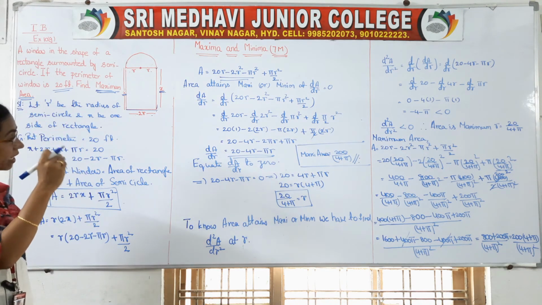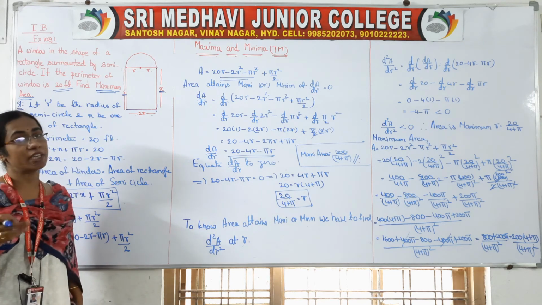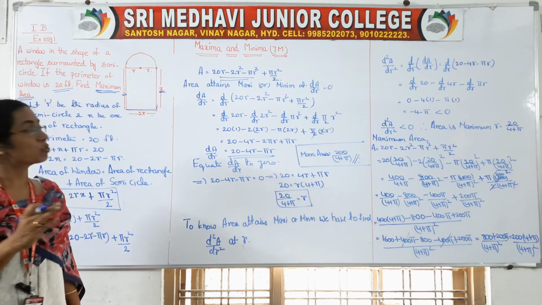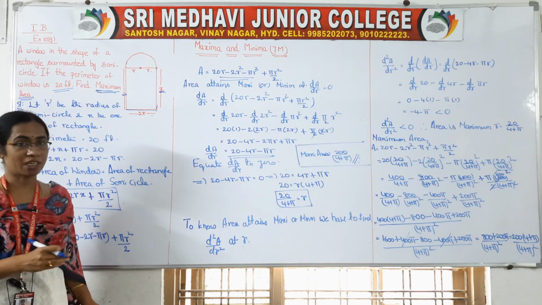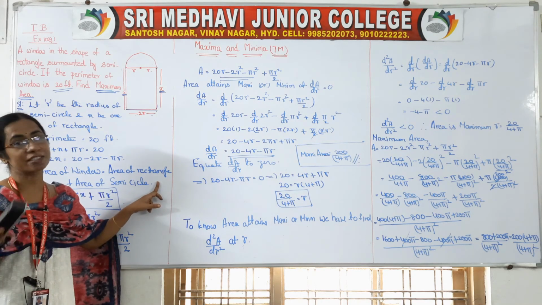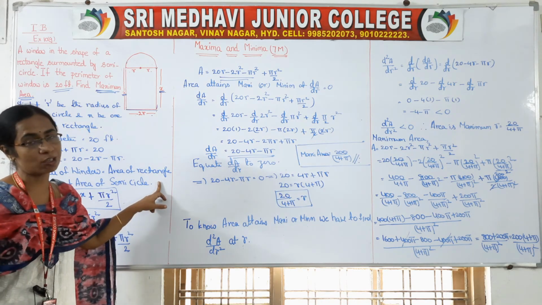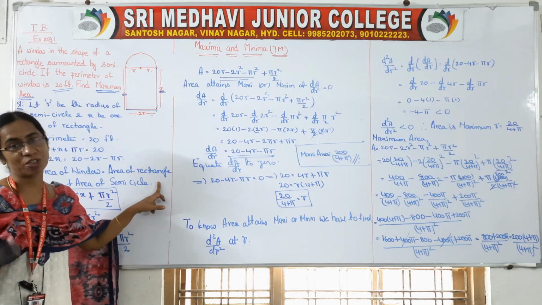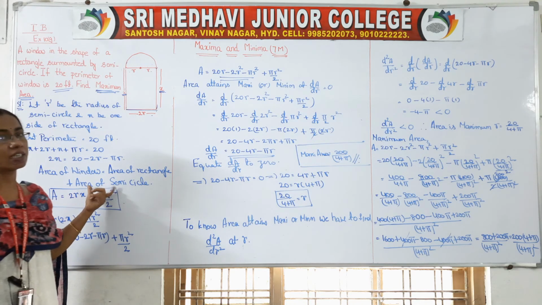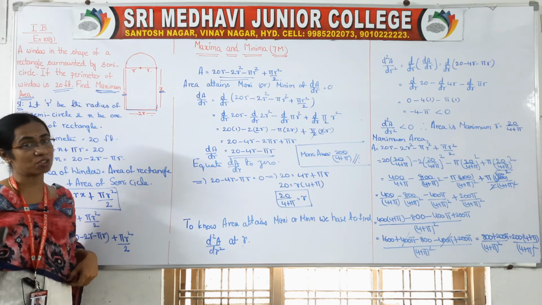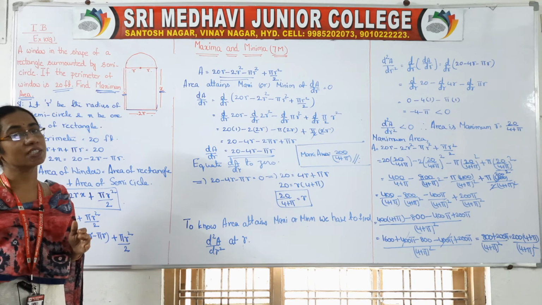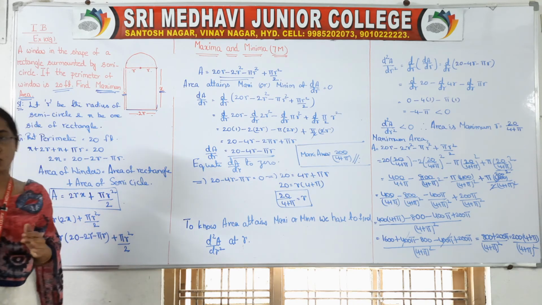If we take the area of this window, it will be the area of the rectangle and the area of the semicircle. So you should be perfect with the formulas, then easily you will know it. Area of a rectangle is length into breadth or breadth into length, A into B, B into A, both are the same. And area of a semicircle: area of a circle is pi r square, semi means half of the circle, so area of half of the circle means pi r square by 2.